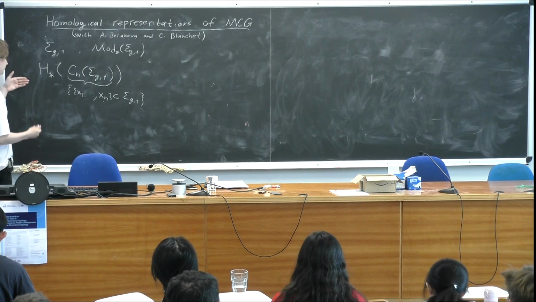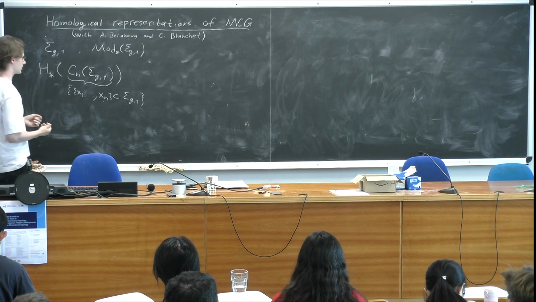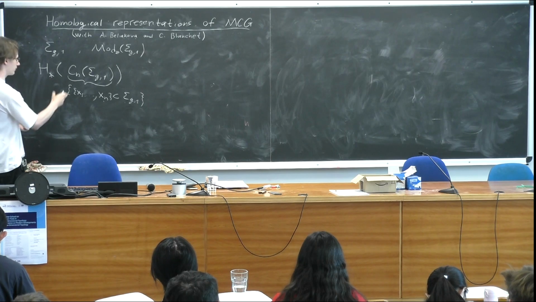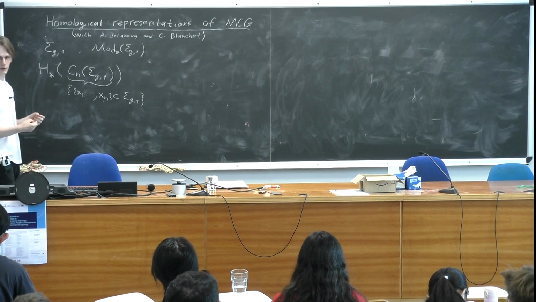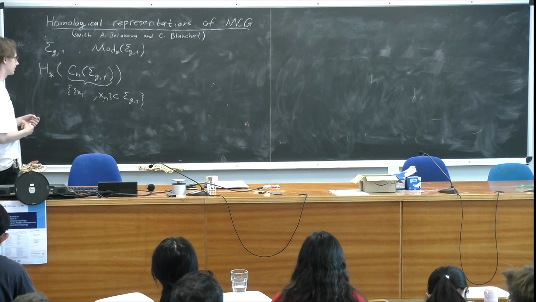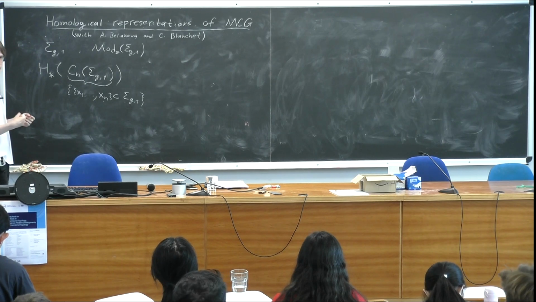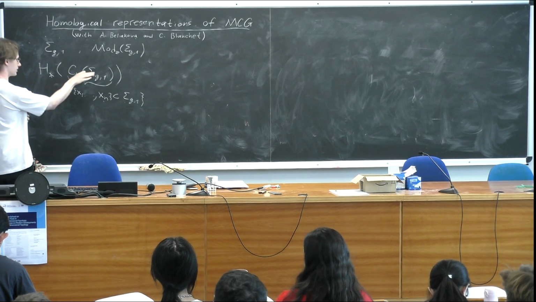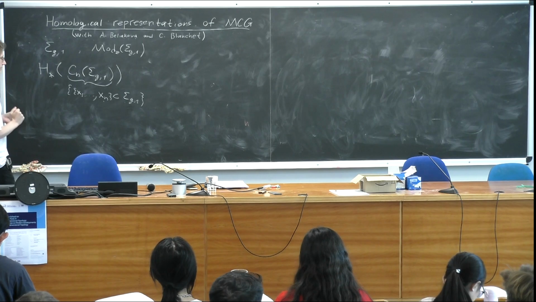This representation is better, but also it is known that for each n there is a non-trivial kernel of this representation. Although it is asymptotically faithful. So if we take the limit of n to infinity, then it is faithful.